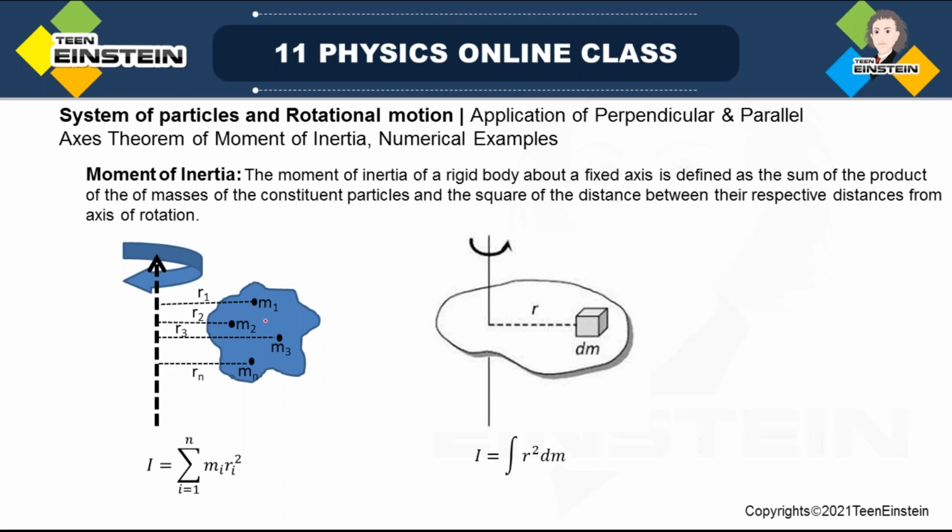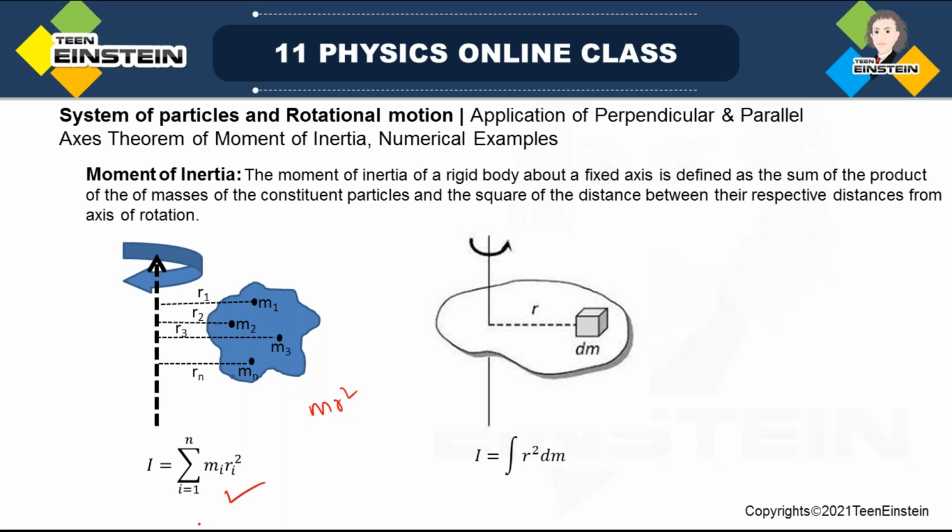If we have a discrete object, that means an object consisting of n number of particles, then you can calculate the moment of inertia, which is nothing but the mass of the particle times the square of the distance from the axis of rotation.